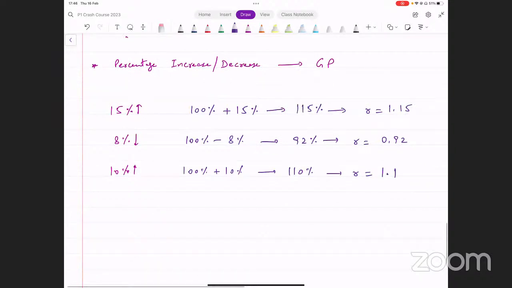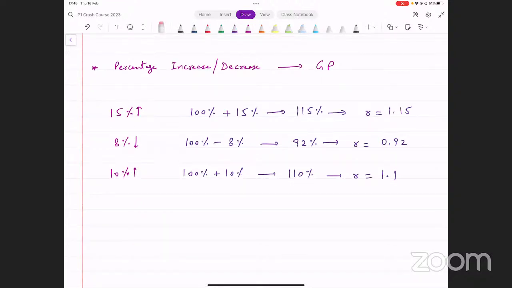You can do this in your head as well. 15% plus 100%, that's 115. Let's just divide that by 100. That's 1.15, and that is your ratio. All right. So that's all that you have to do. Add 100%, convert that number to decimals, and you'll get your result. Okay. So whenever you have a percentage increase or a decrease, you have to remember this is always going to be a GP.